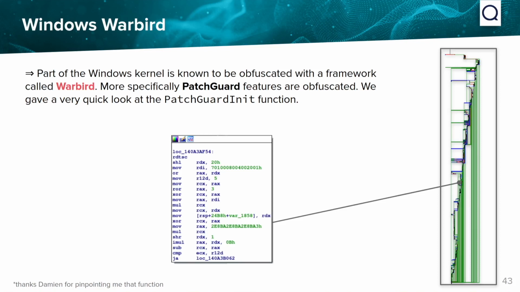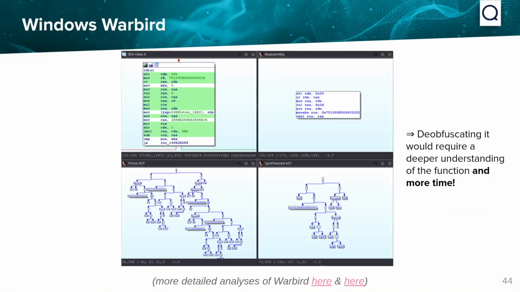It's true that it seems to contain weird arithmetic operations that could probably be simplified. I don't know whether it's MBA or not, but we can do a few things about this.